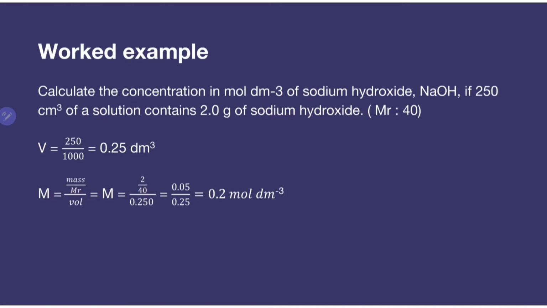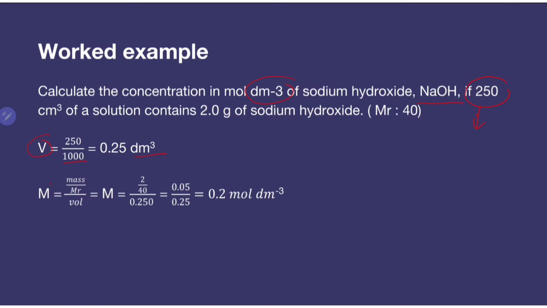For example, calculate the concentration of sodium hydroxide, NaOH, 250 milliliter, cm cube, but the question is in dm cube, so we convert the volume from cm cube to dm cube, divided by 1000.